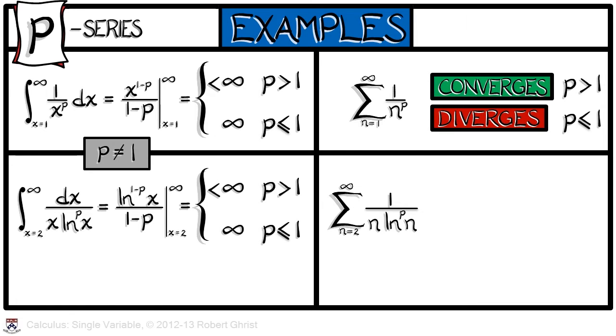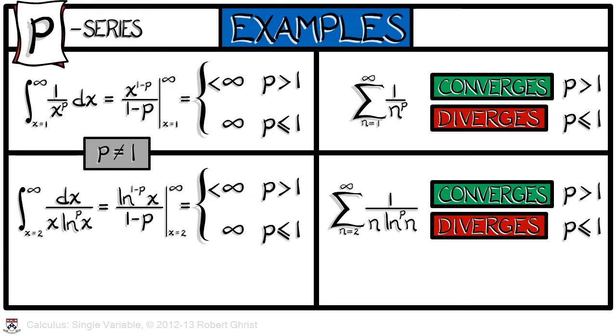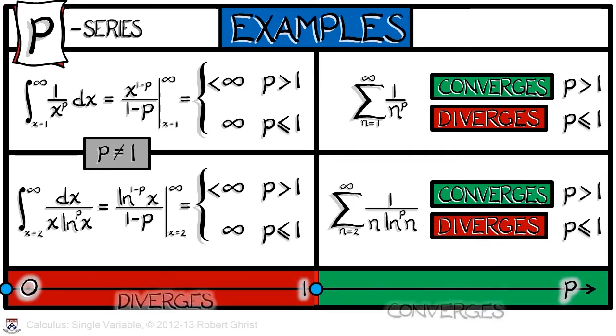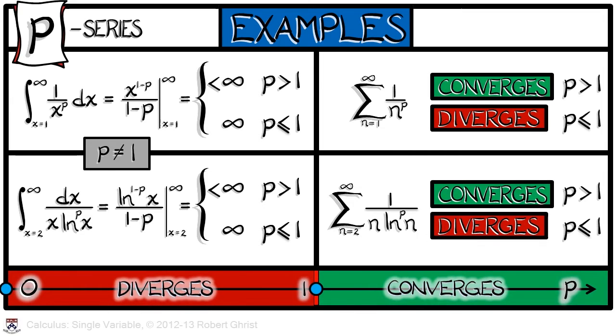Evaluating those, we see that again, we get convergence when p is bigger than 1 and divergence when p is less than or equal to 1. Thus, the same convergence and divergence holds for the series. And in both these cases, we have a range of convergence for p where it's strictly greater than 1.